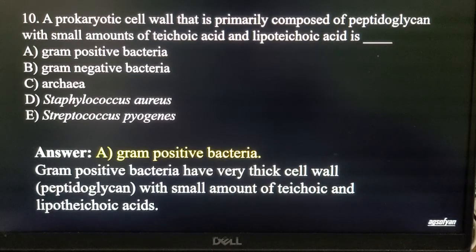So if you answer D and E, it might be correct too, if you really know that. But this is a general question, and it needs a general answer, which is gram-positive bacteria.